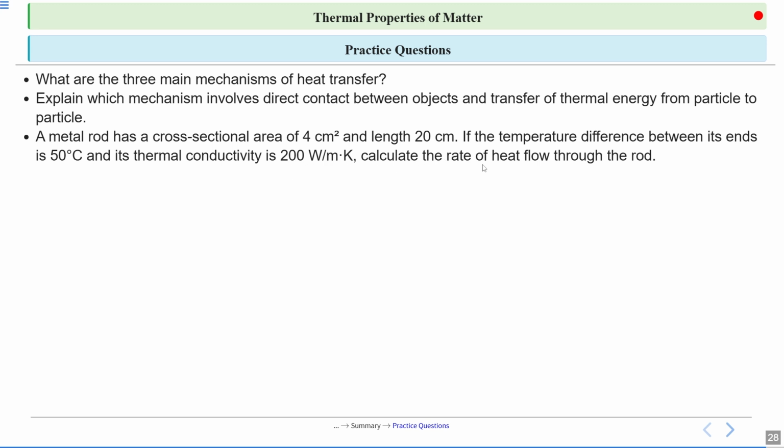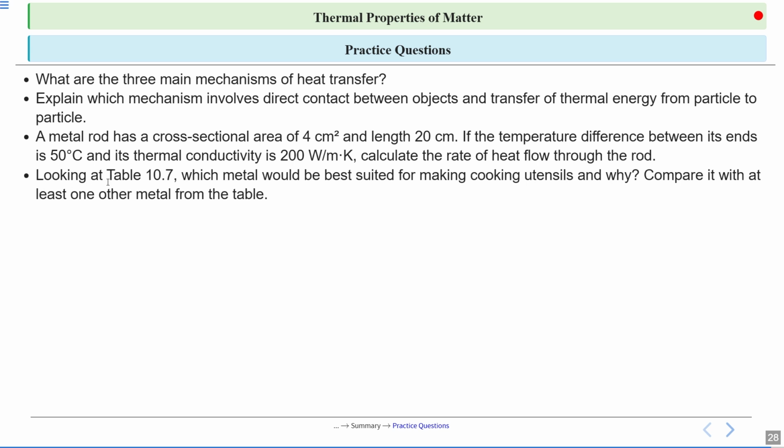Calculate the rate of heat flow through the rod. So here you have to find the value of H. You know the formula: H is equal to K into A into temperature difference divided by length. Using that formula, solve this question.